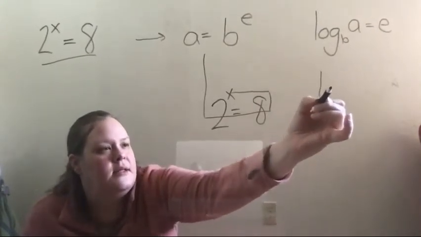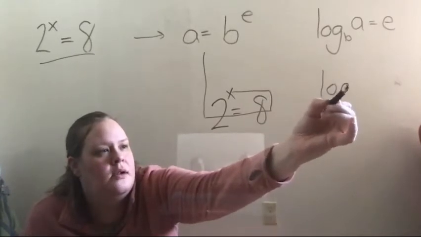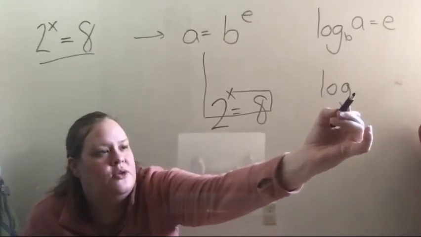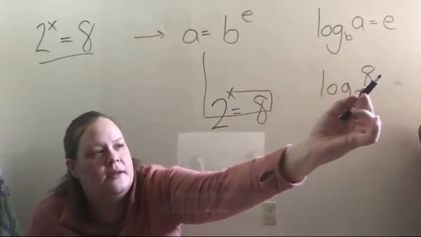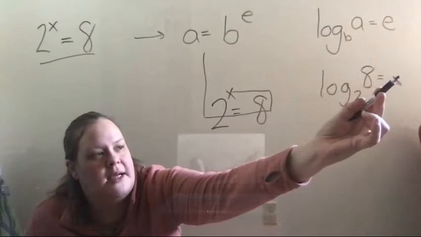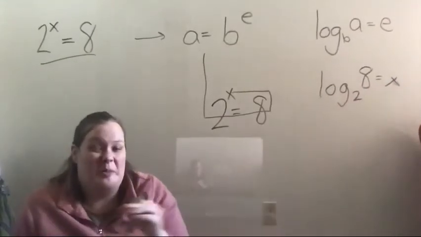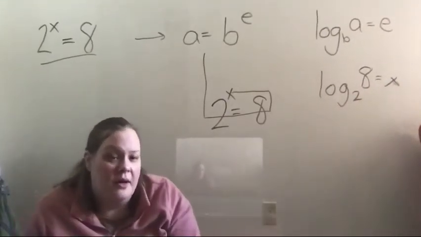Which now says log, my 2 is going to be first, my 8 is second, and my X is here. And so it helps me remember where those different parts go.